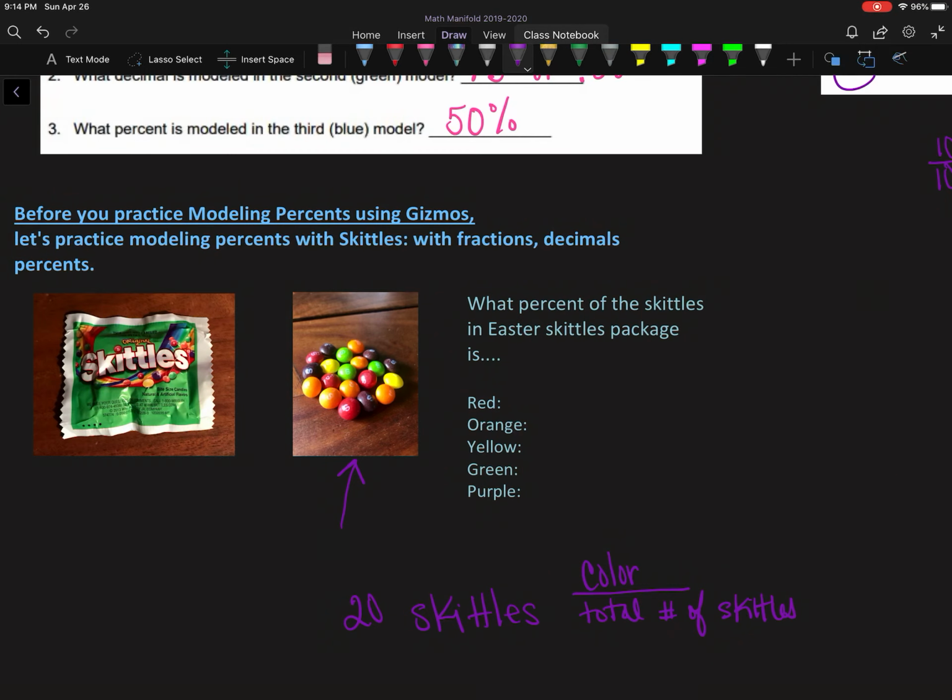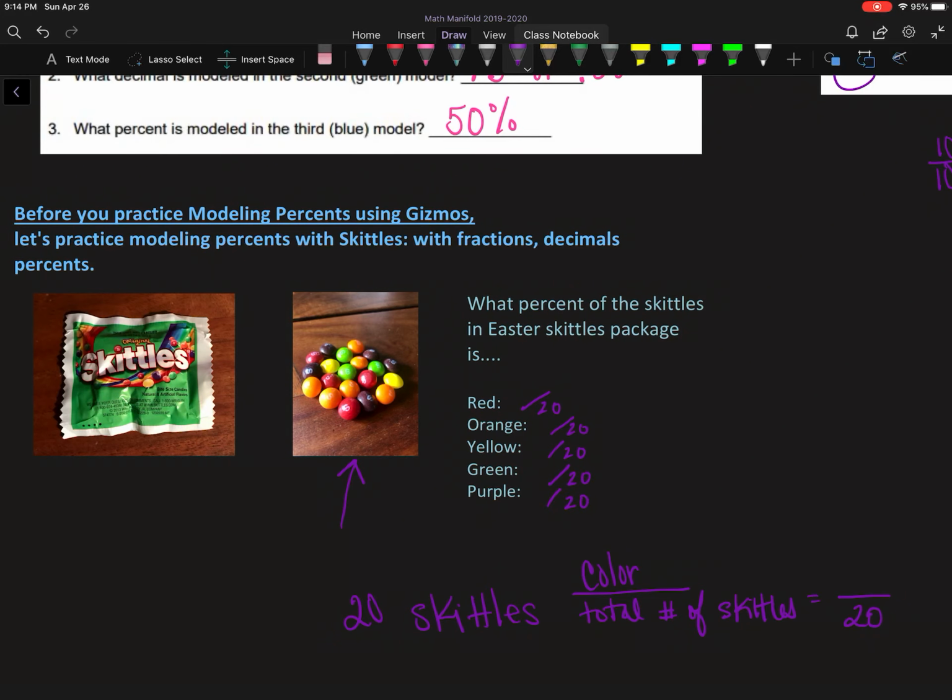So my denominator is going to be 20, and each of my fractions here will have a denominator of 20.